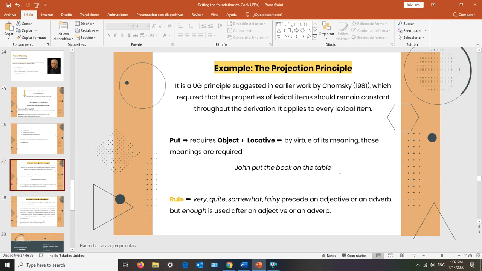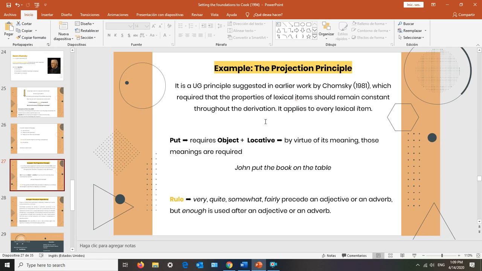Example of the projection principle. This is also to do with the exemplification of principle types. It is a UG principle suggested in earlier work by Chomsky, which required that the properties of lexical items should remain constant throughout the derivation.